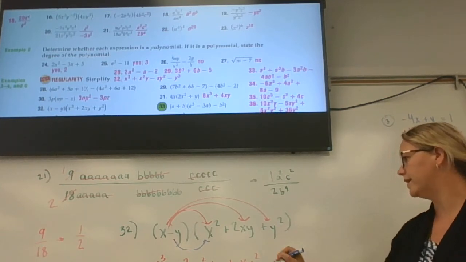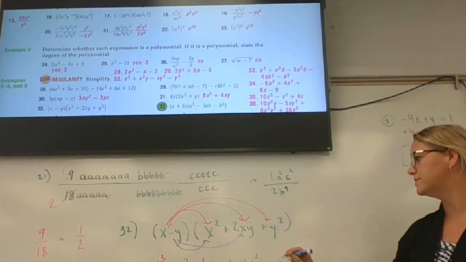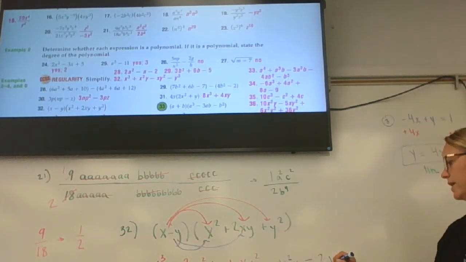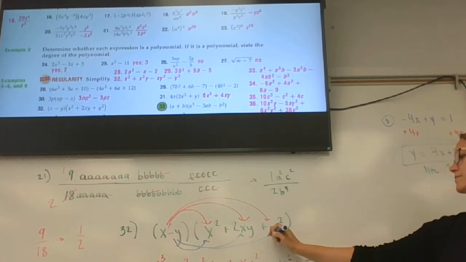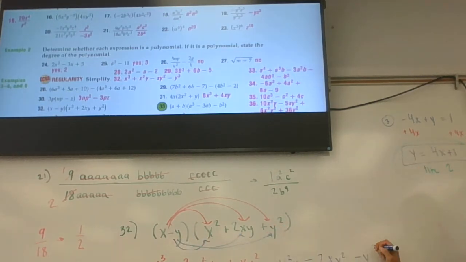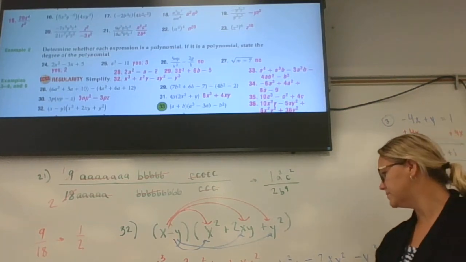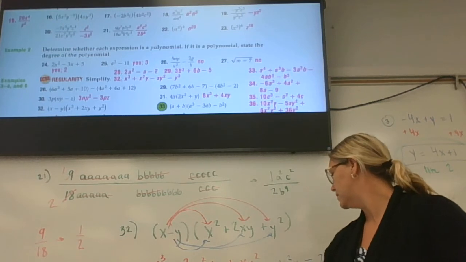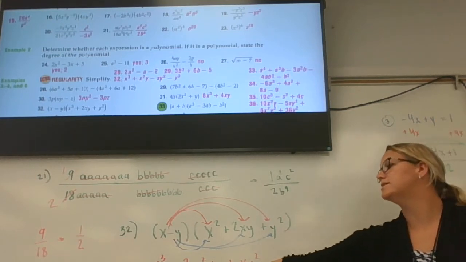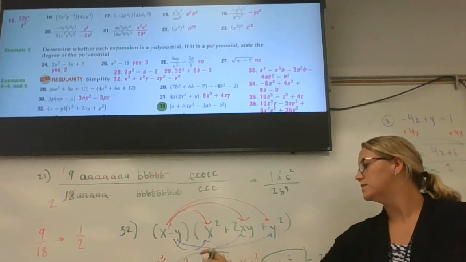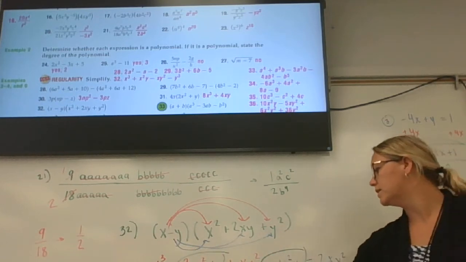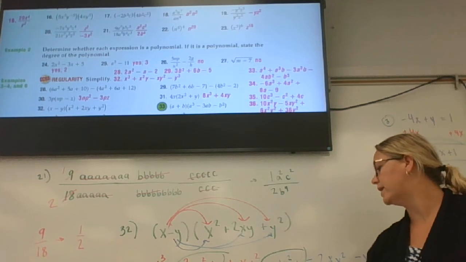X squared y. Negative y times the middle term would be negative 2xy squared. And negative y times y squared, negative y to the third. Combine like terms. So when I get to this one, I see which one has x squared, and it's this one. So 2 take away 1 will be 1x squared y.